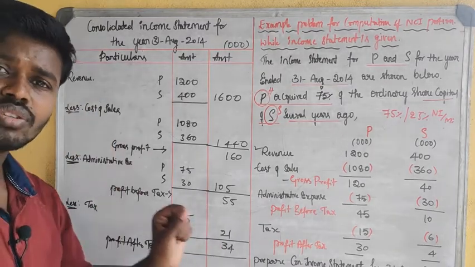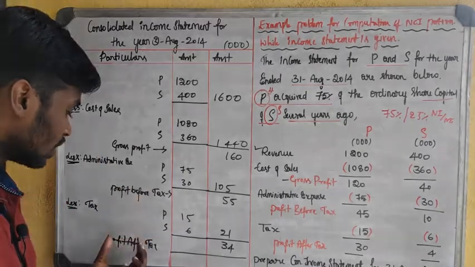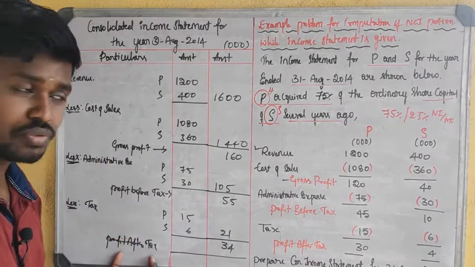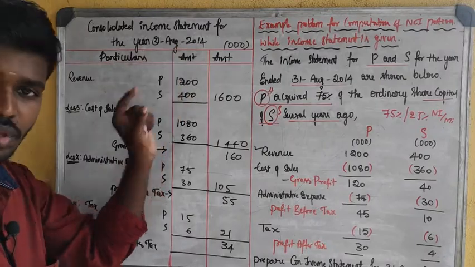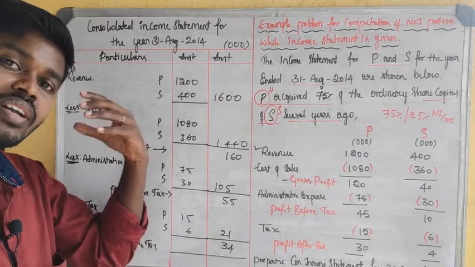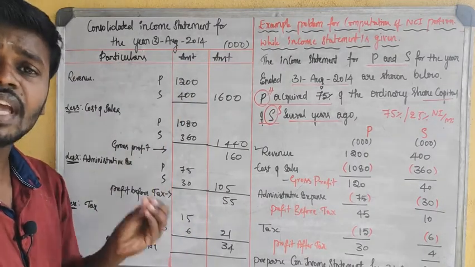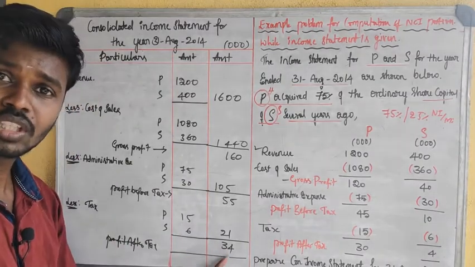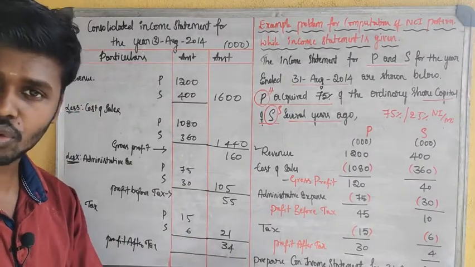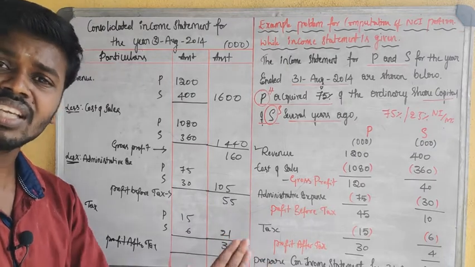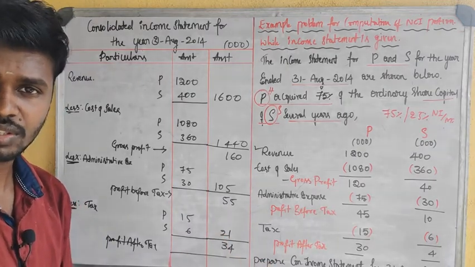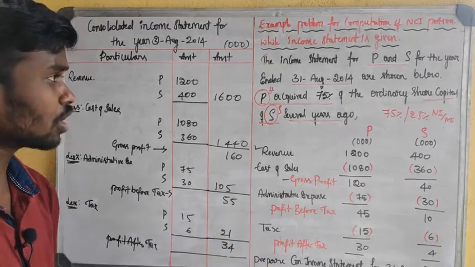So according to the principle, after calculating the total profit after tax for the year 31st August 2014, or for each year, then we have to split this total profit to the equity shareholders in group and to the non-controlling shareholders, that is to the minority shareholders.